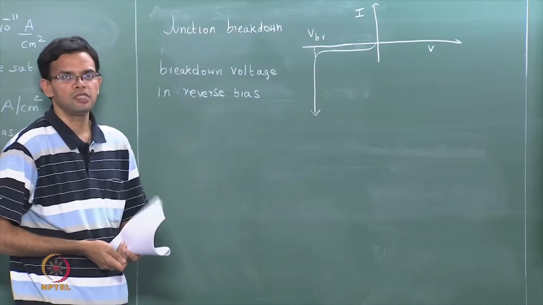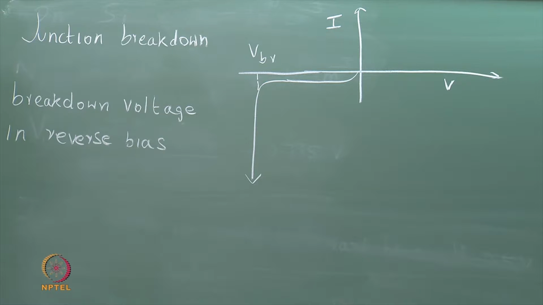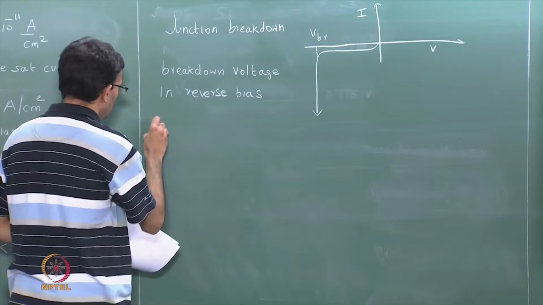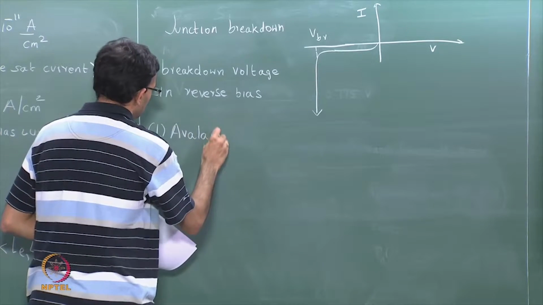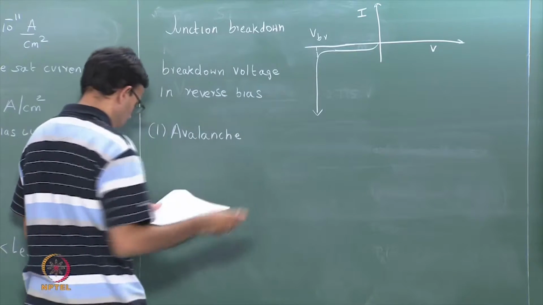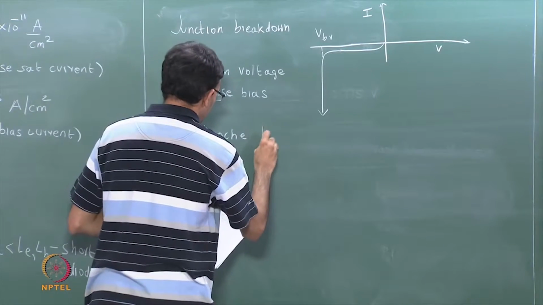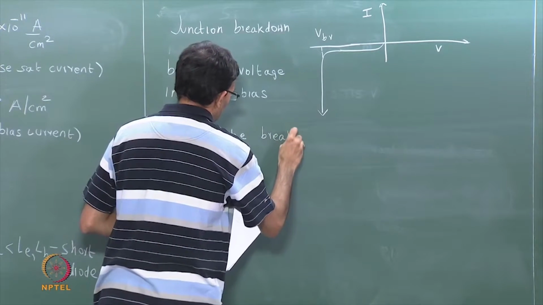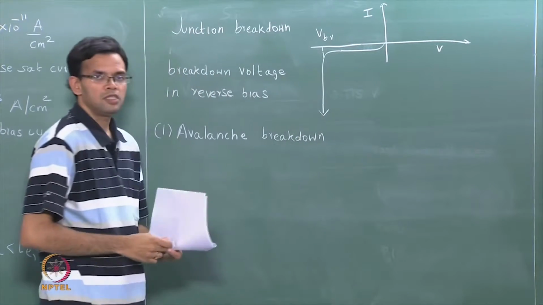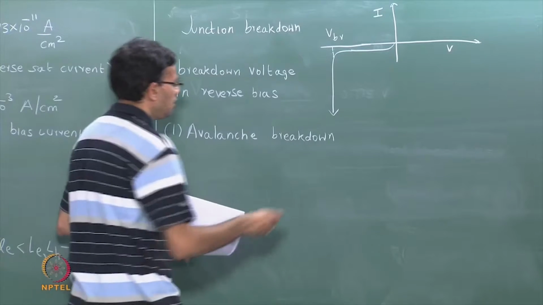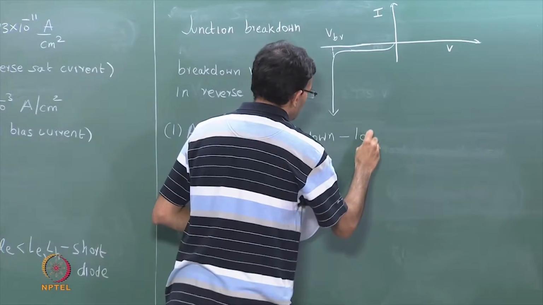So, when this happens, we said that the PN junction has broken down, and there are two mechanisms for this. One is your avalanche breakdown. So, this occurs for a PN junction with low doping.